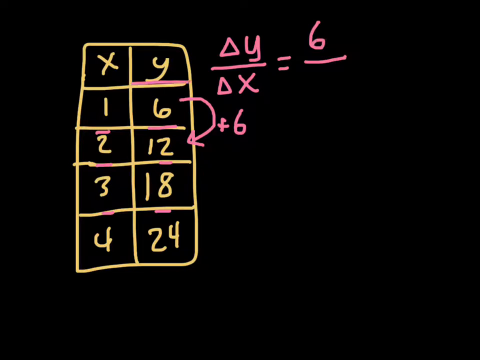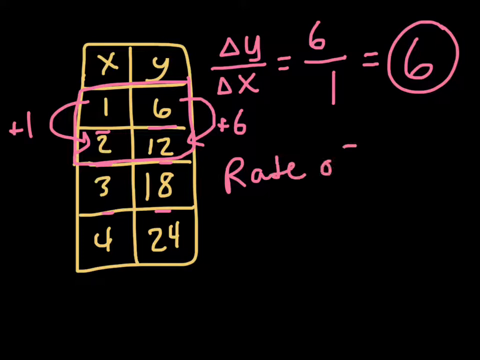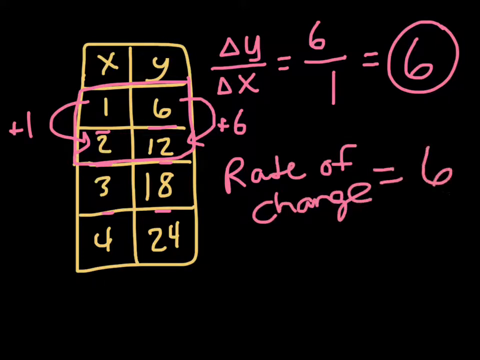Looking at that same piece of my table, my change in x is I increased by 1. So 1. And that simplifies to 6. So my rate of change equals 6.